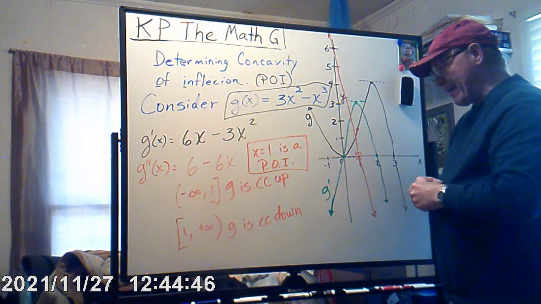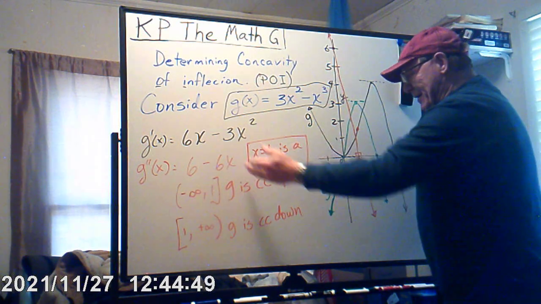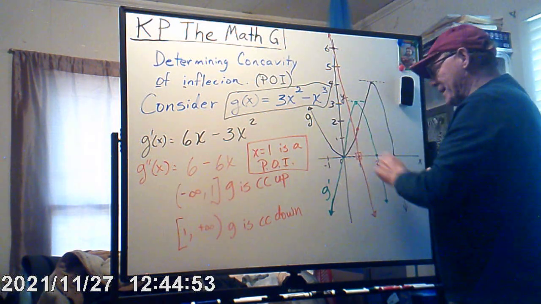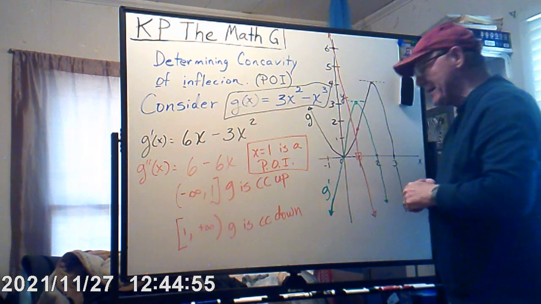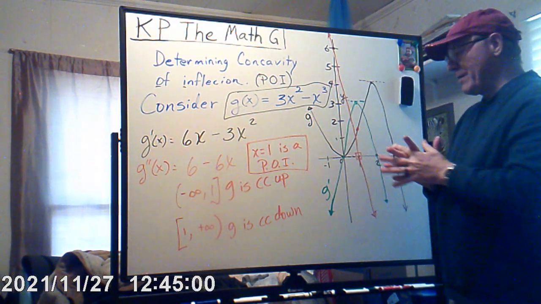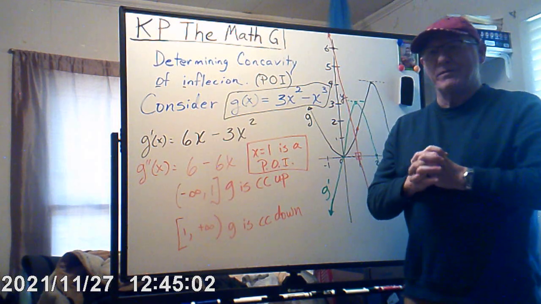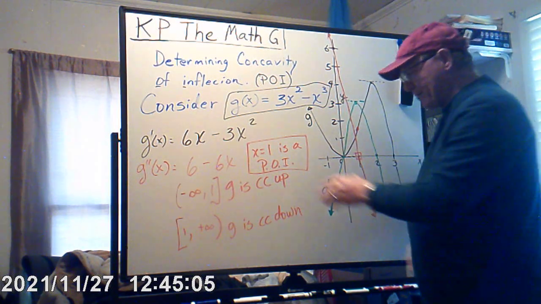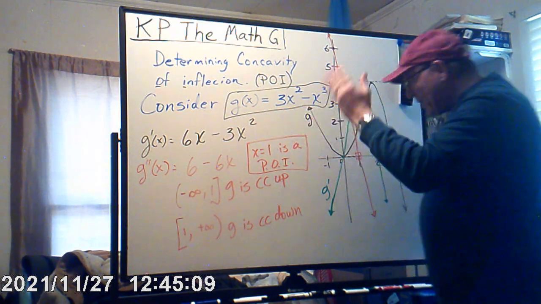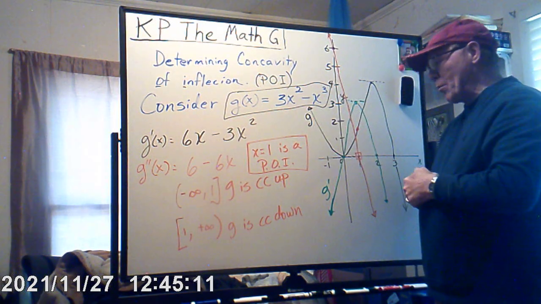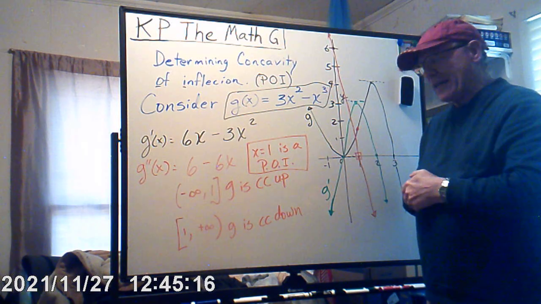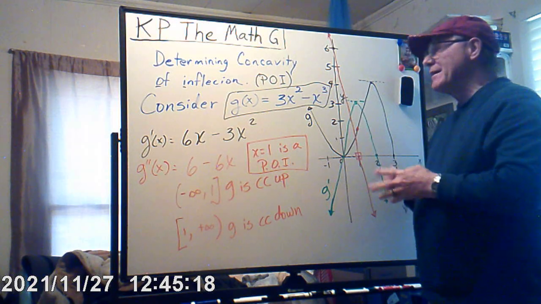Okay, and x equals 1 is a point of inflection. Now I don't know what the y value is. We could plug it in and figure it out, but at x equals 1 we have a point of inflection. This is really not a point. We need to say x equals 1 comma something to get that point of inflection. If that's where the point of inflection occurs, is at x equals 1, okay?